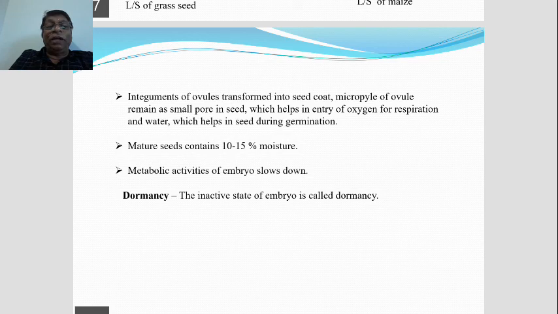Very important points. The seeds contain embryo. Embryo is there in the seed. The metabolic activities also take place because the seed contains living cells. But metabolic activities are at a very slow rate.